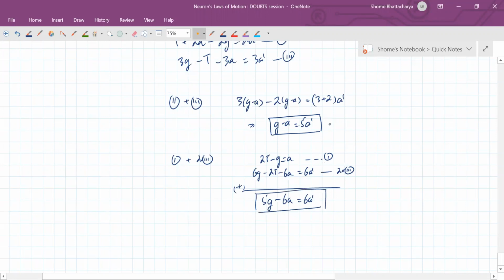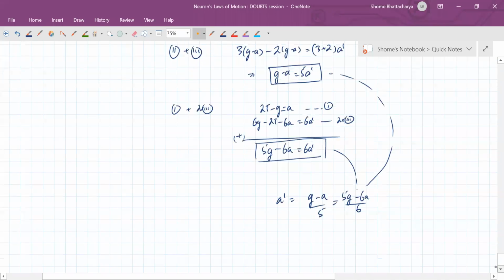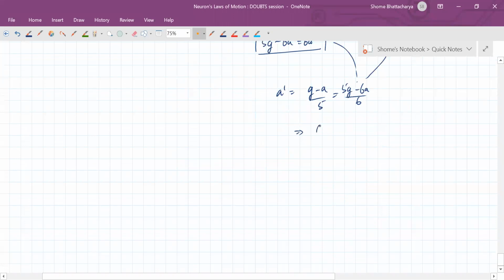Okay. So between this equation and this equation, now you can eliminate a prime. So a prime from the first equation is how much? It is g minus a by 5. And from the second equation, it is 5g minus 6a by 6. Okay. So 6 times g minus a would be equal to 5 times 5g minus 6a.